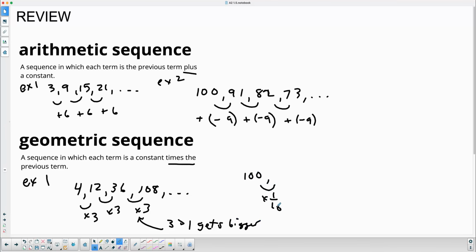Now it looks like you're dividing by 10, but you're really multiplying by 1/10. All right, so if your number that you're multiplying by is less than 1, or really between 0 and 1, this 1/10 is between 0 and 1, it gets smaller.